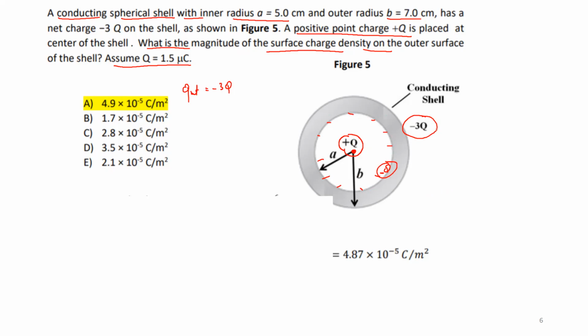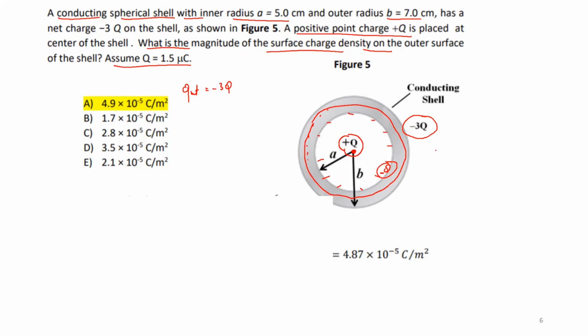Let's do it properly if you want. First I will use this, as we did before. This is my Gaussian sphere, passing inside my metal. It's a sphere, not good looking, but it's a sphere. So this is my Gaussian surface.